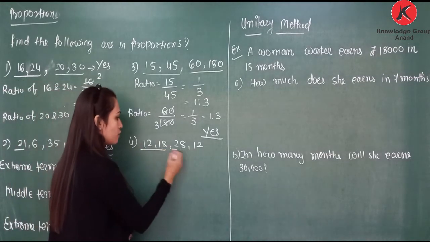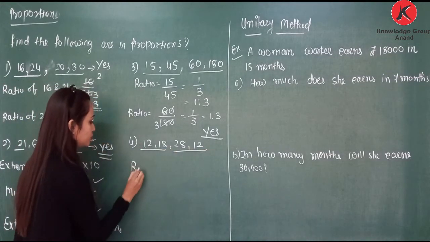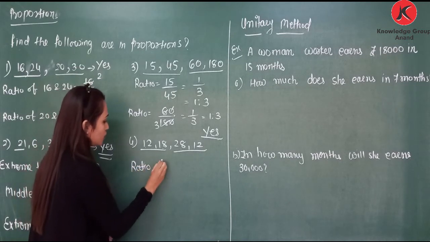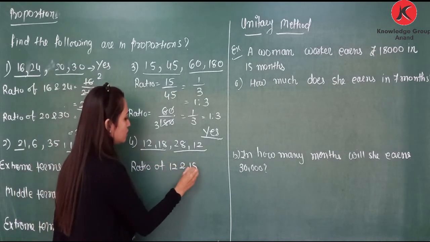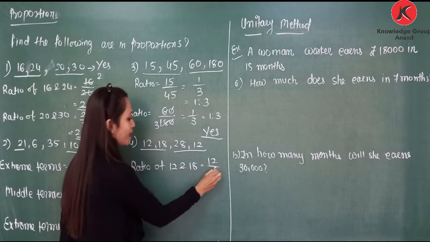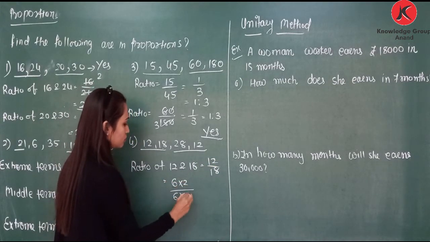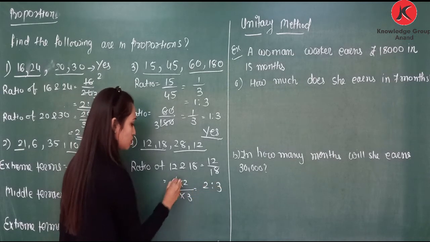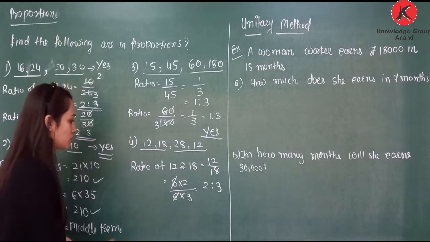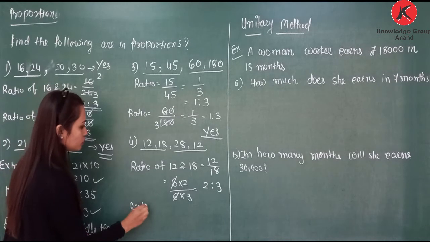Next, 12, 18, 28 and 12. So first find the ratio of the first two and last two. Ratio of 12 and 18, 12 by 18, is 2:3 because 6, that is a common factor, will cancel out.